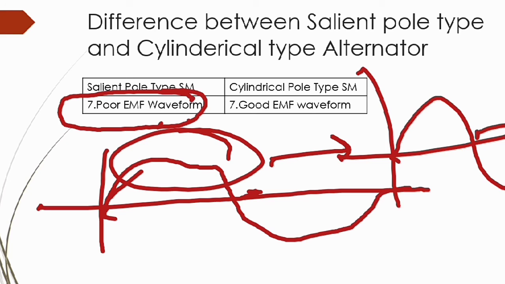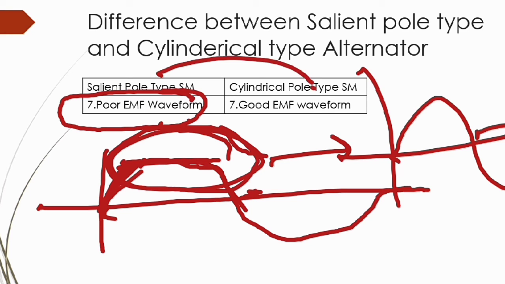So in a salient pole type synchronous machine, we have a poor EMF waveform because of the pole shoe, which gives a flat top type of waveform.